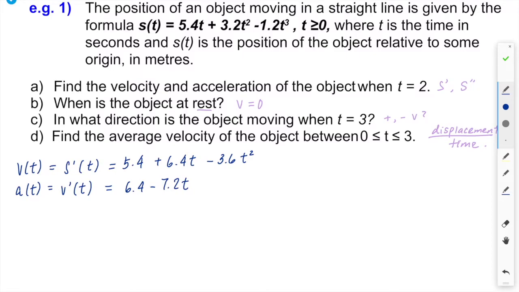With these functions, we can now calculate v of 2: 5.4 plus 6.4 times 2 minus 3.6 times 2 squared. What does that give me? I believe it gives me 3.8. You can check that on your calculator.